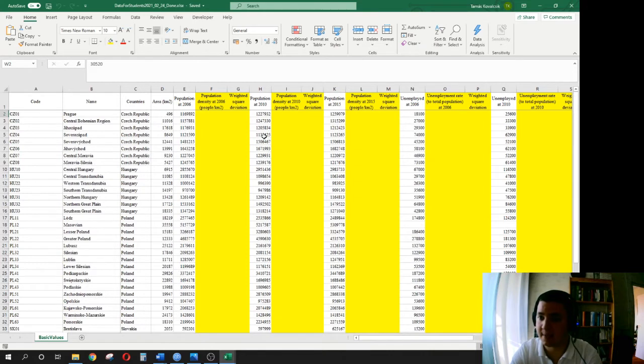But if you make a division, for example, the population density is a relative indicator for all of the regions, because we have a division in the formula, not just a simple counting.